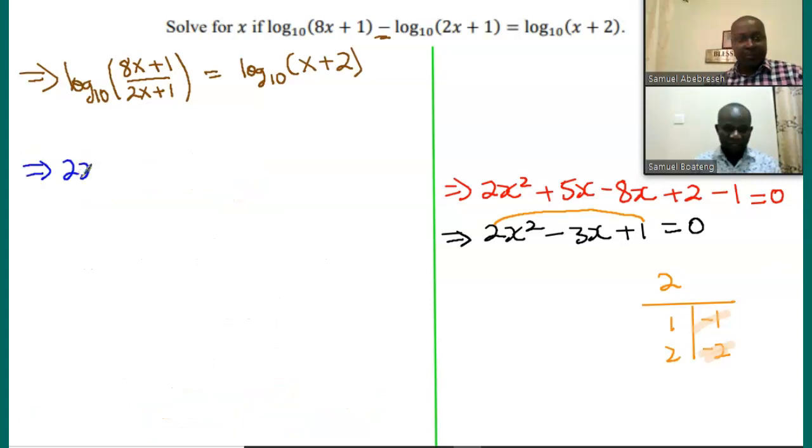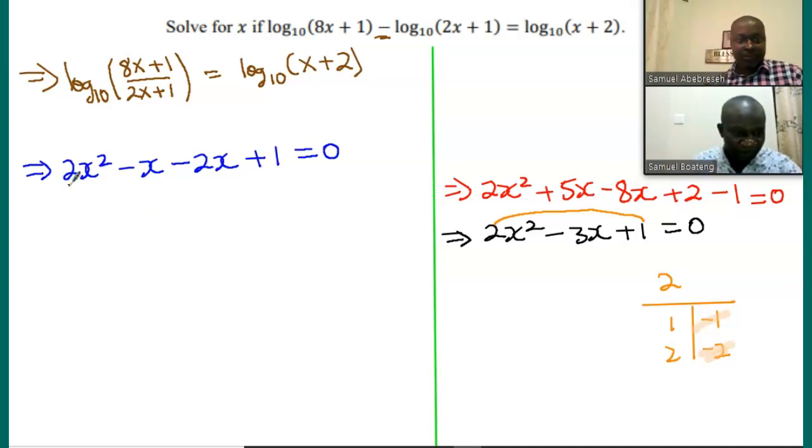So we have 2x squared minus x minus 2x plus 1 equal to 0. So you use method of grouping.